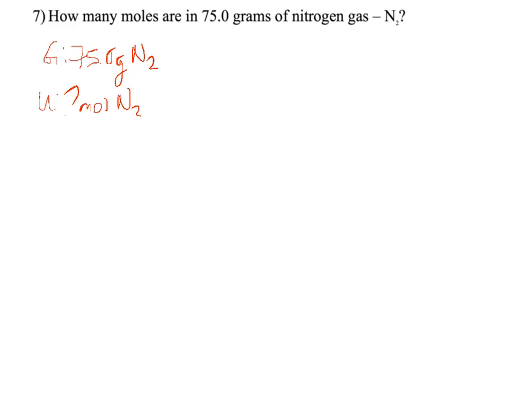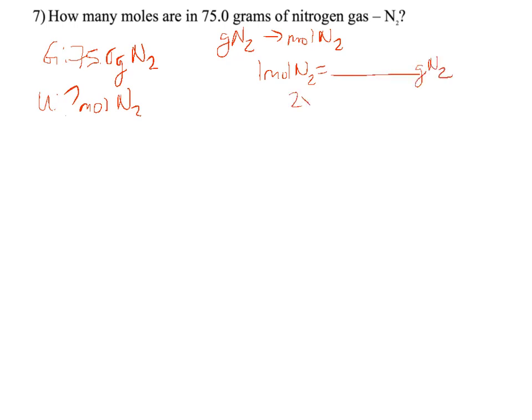Okay, so our mole map, we're trying to get from grams of nitrogen into moles of nitrogen. That's the same substance, so this is a one-step conversion. All we need to do is molar mass. So 1 mole of nitrogen is equal to blank grams of nitrogen.